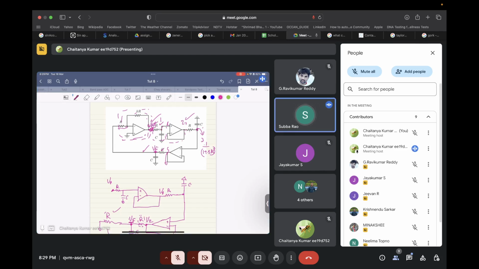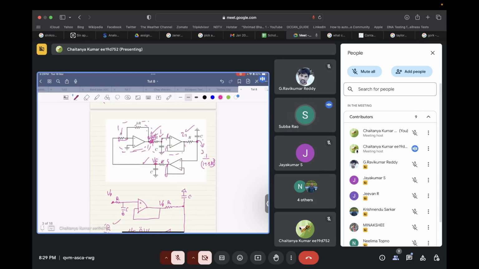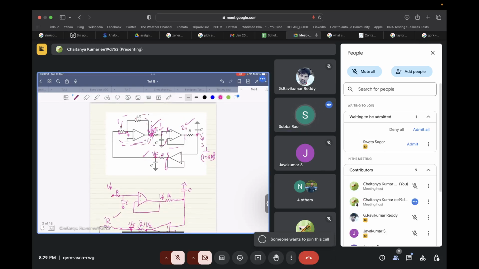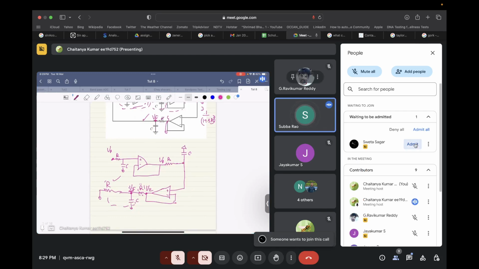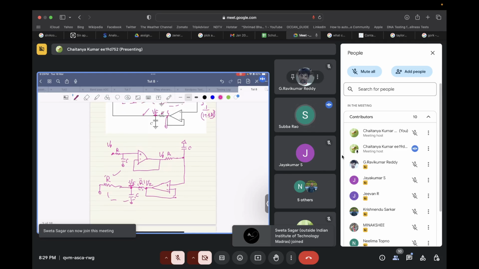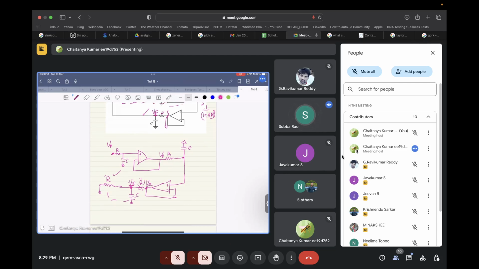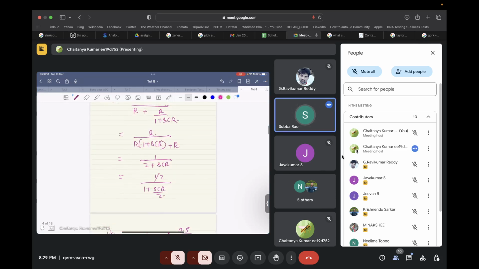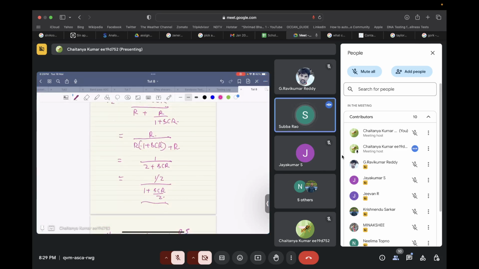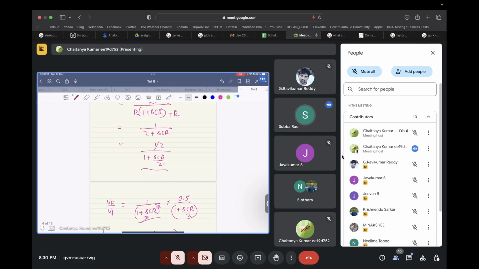But in the last stage, the input resistance of the inverting amplifier loads this stage, and since its other terminal is connected to virtual ground, we have grounded that. Then we calculate the transfer function from this node to VF, and you get half divided by 1 plus SCR by 2, cascaded with 1 upon 1 plus SCR whole square.